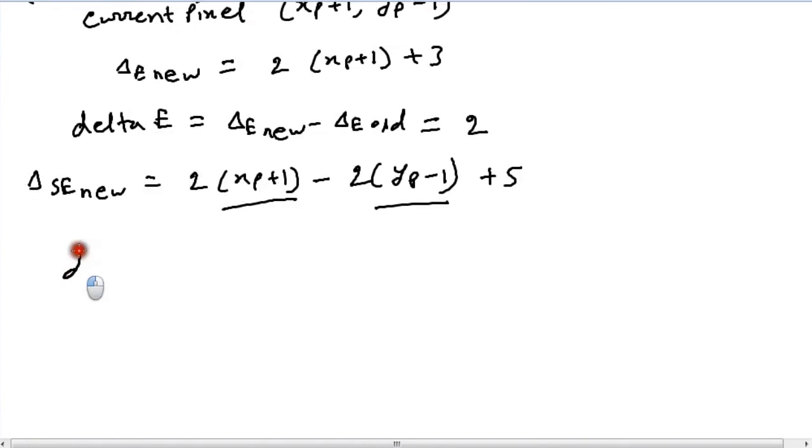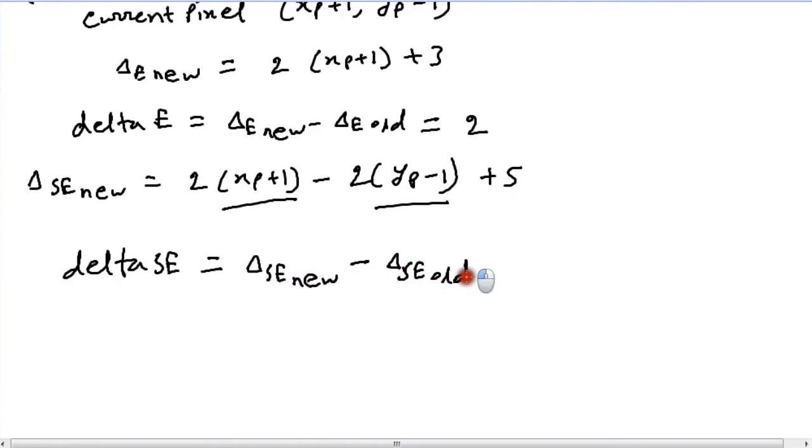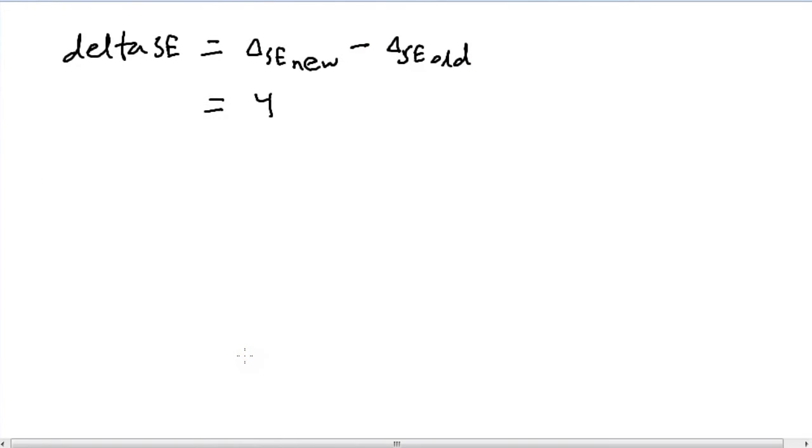So if you find delta SE through calculation, you subtract del SE new minus del SE old, and that would give you 4. You can do the calculation if you want, but that's the result it will give you. So that simplifies matters a lot.